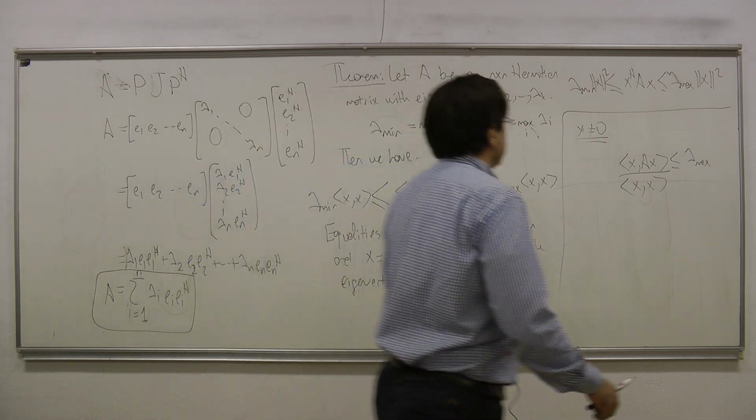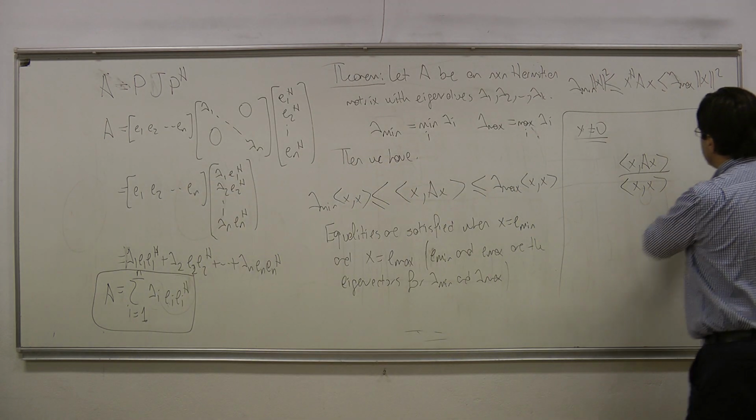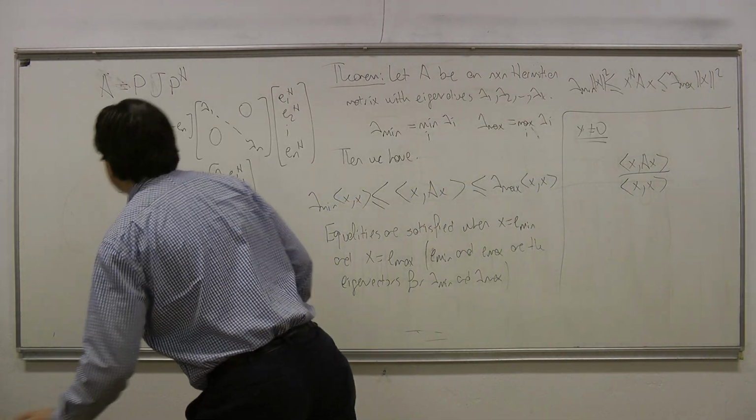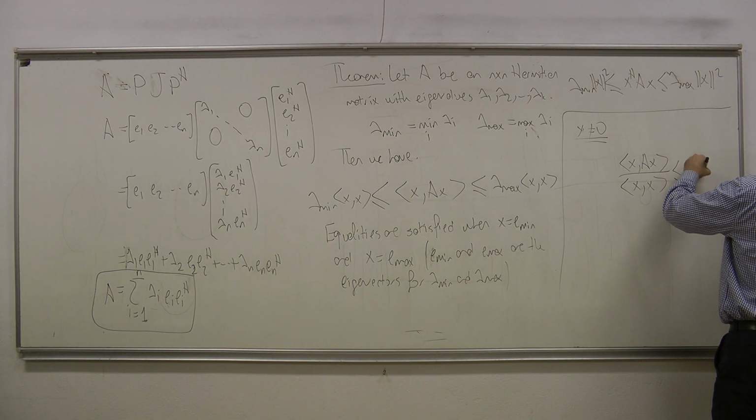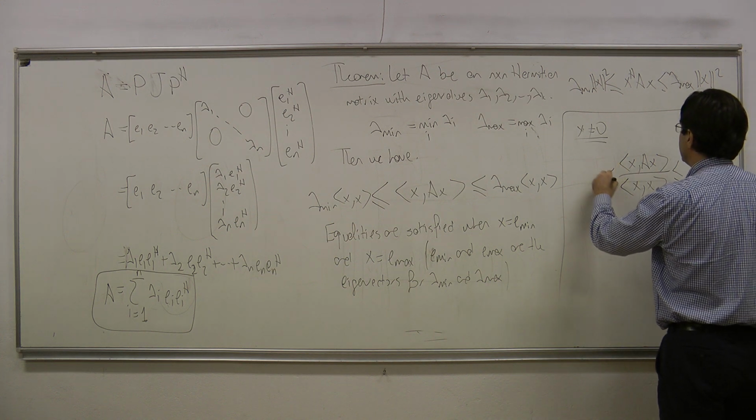When x is non-zero, I can divide by the inner product of x with x, because that inner product is always positive when x is non-zero.